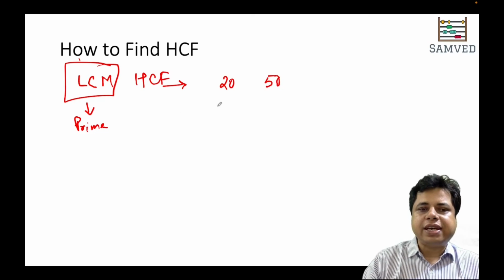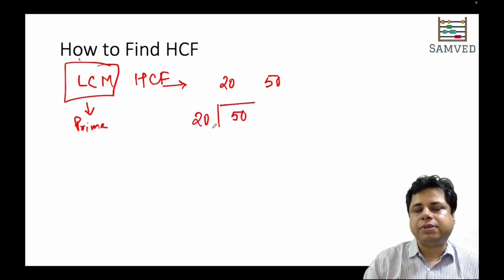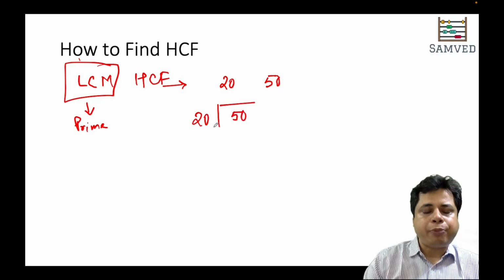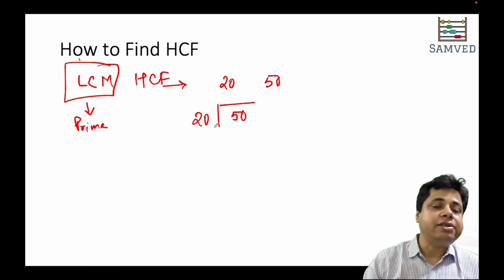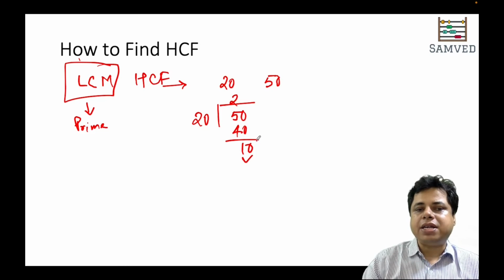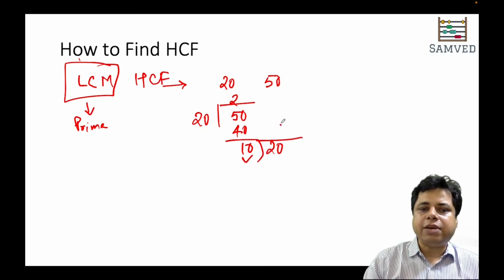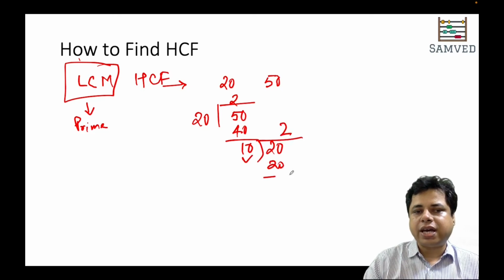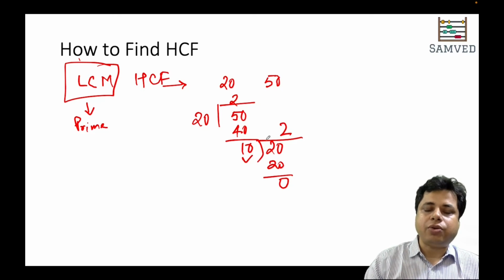What we do in this case is we take the first number and start dividing the second number with the first number till we reach a point where the remainder is 0. So 20 multiplied 2 times gives you 40, and the remainder is 10. Then we use the remainder and divide the first number with that remainder. So 10 multiplied by 2 gives me 20 and the remainder becomes 0 when the quotient is 10.